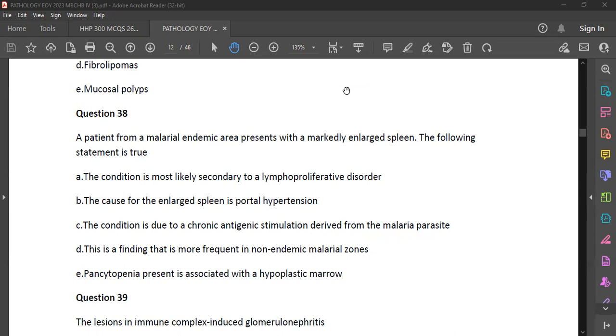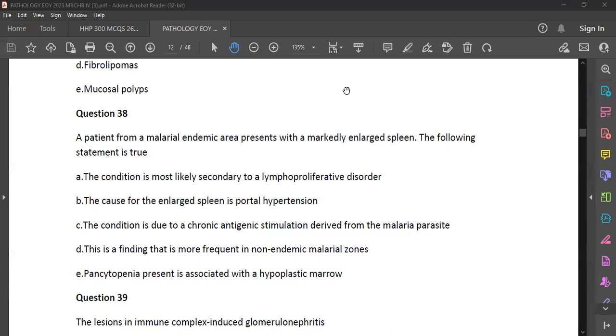So the following statement is true. A: The condition is most likely secondary to a lymphoproliferative disorder. B: The cause of a large spleen is portal hypertension. C: The condition is due to a chronic antigenic stimulation derived from the malaria parasite. D: This is a finding that is more frequent in non-endemic malarial zones, and E.